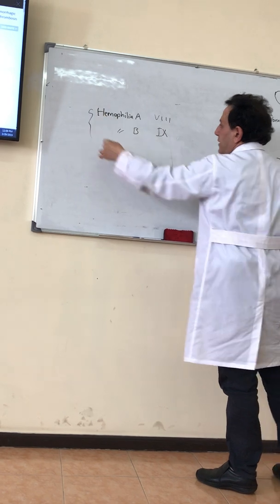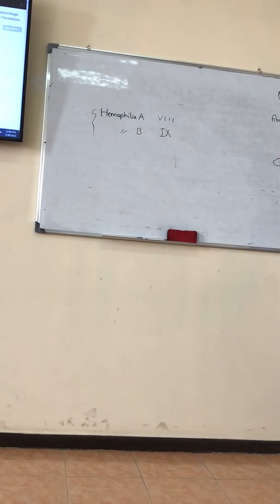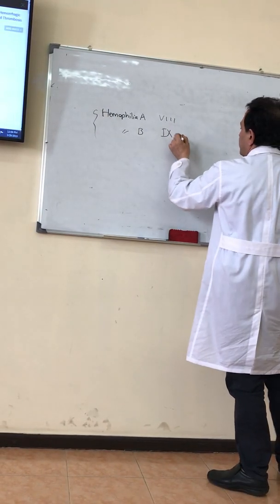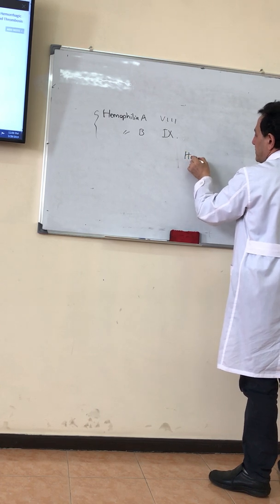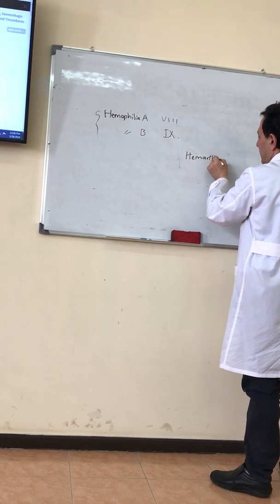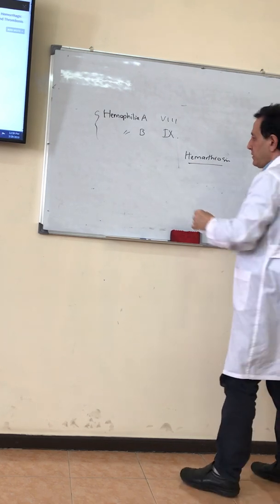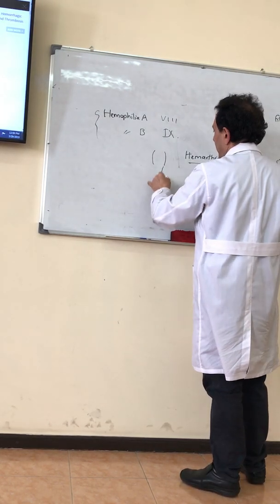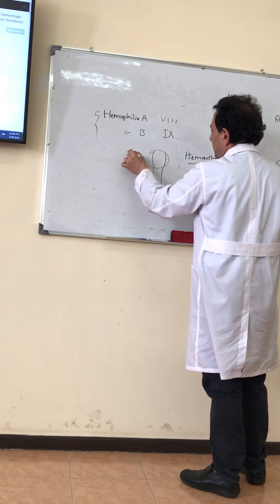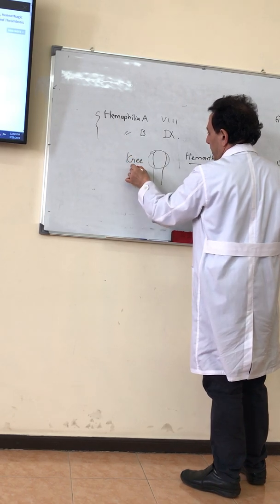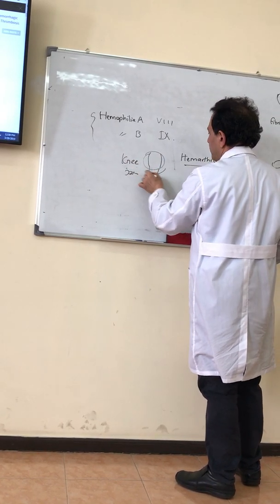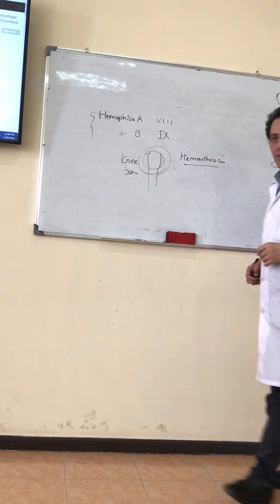In these patients, the clinical picture is the same. So these patients have hemarthrosis, bleeding into joints. So the joint cavity, this knee joint, becomes very big.